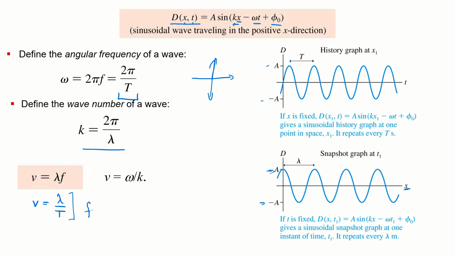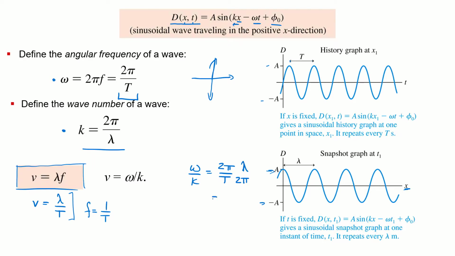And because we know that the frequency is related to the period in that way, we can just write the wave speed as equal to the wavelength times that frequency. We can write it another way too, though. If we think about how we've just defined angular frequency and our wave number k, we can see that omega divided by k ends up being 2 pi over T divided by 2 pi over lambda.